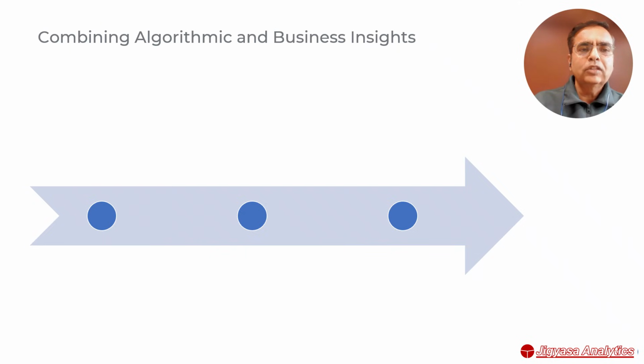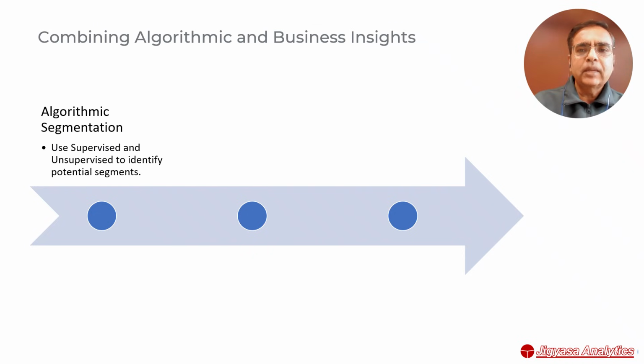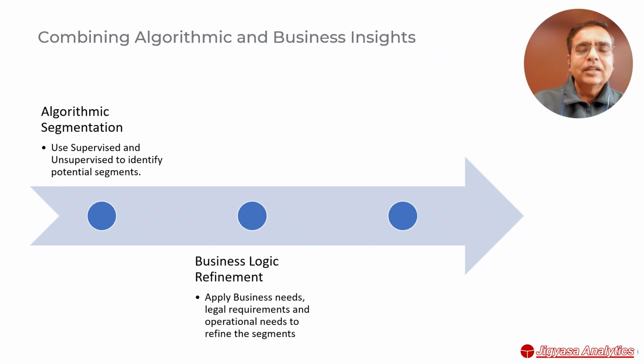So let me talk now about combining the algorithmic segmentation we talked about just now with business insights and requirements. The first step in this segmentation exercise almost always should be the algorithmic segmentation. And then we should look at business logic refinement. These might be business needs.